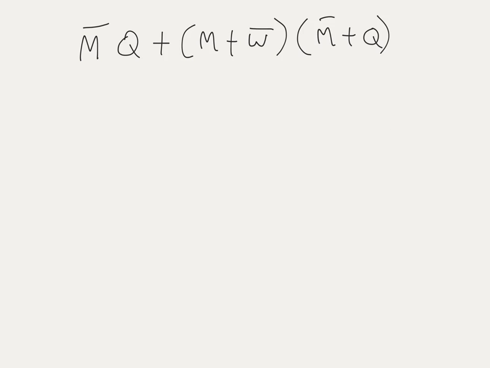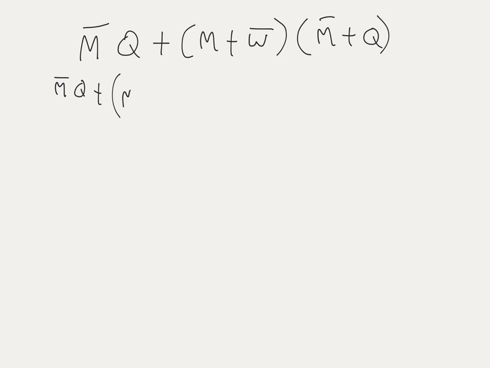All right, so we've got some more terms to deal with here. Before we try and distribute, because it seems like people tend to distribute pretty often, I like to see if there's anything else we can do. In this case, it doesn't really look like there's much we can do before we distribute. So it looks like we're going to have to go ahead and distribute. I'm going to start with this guy over here, m naught q plus. All right, so we're going to do first, outer, inner, last.